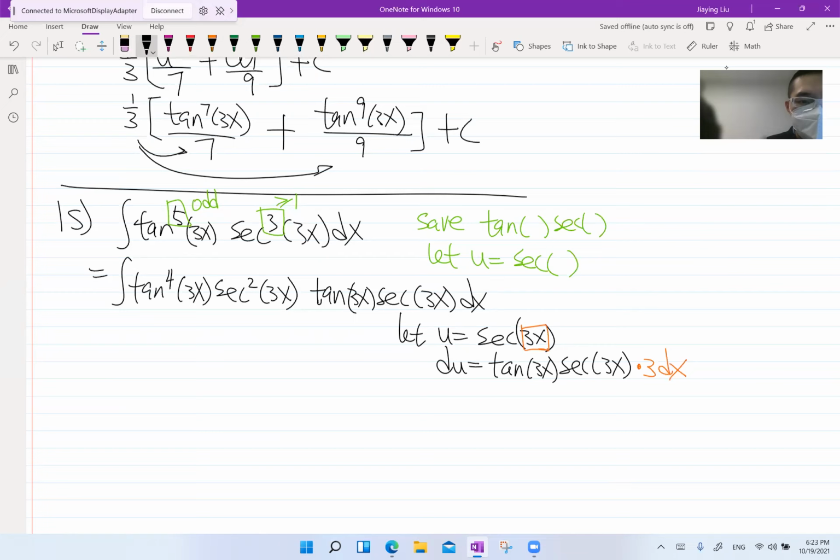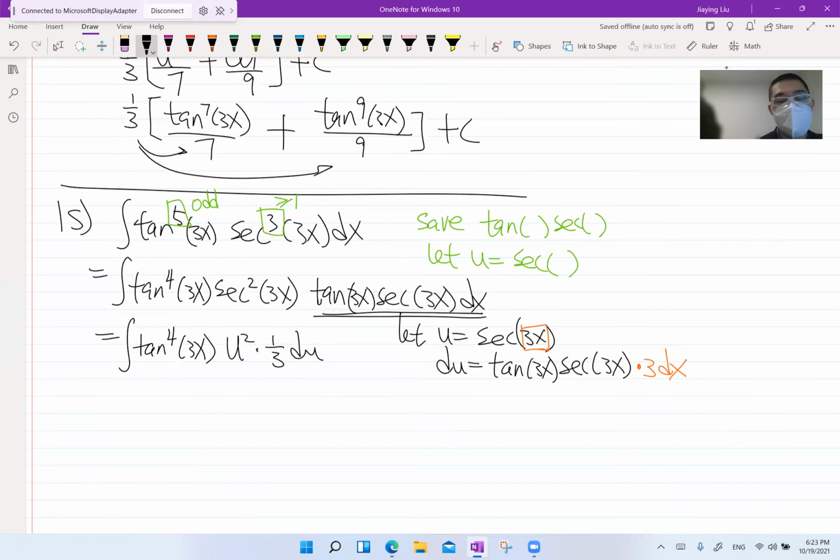So let me go back to the integral and substitute for secant. So I have tangent to the 4th power. For now, I'm going to leave it. But secant squared becomes u squared. And the tangent 3x secant 3x dx, that becomes 1/3 du. So if I divide by 3 on both sides in the du expression.